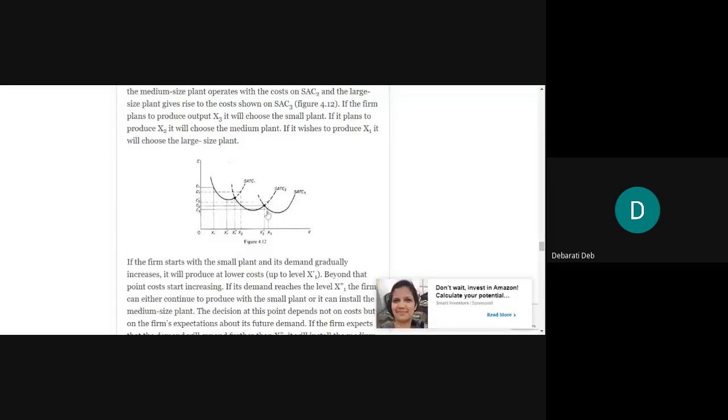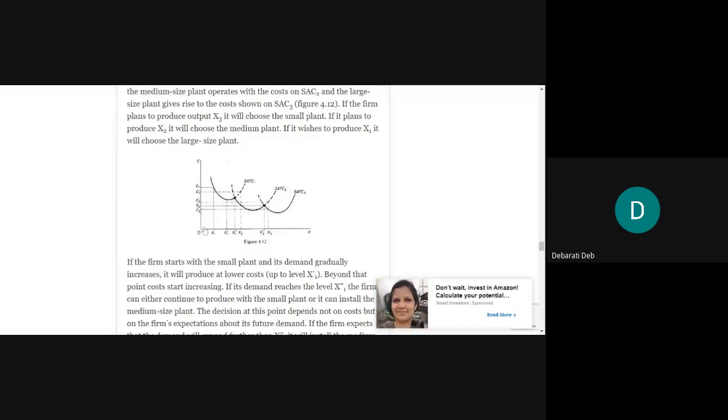But the same amount, if it is produced with a medium sized plant, then we are at the second curve, right? Medium sized plant means the second curve. So you need to extend it till the second curve. Then see what the cost is. It is c2' or c3, something like that, but it is always at a higher level than c3.